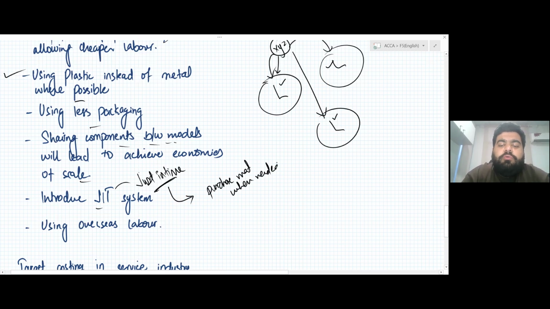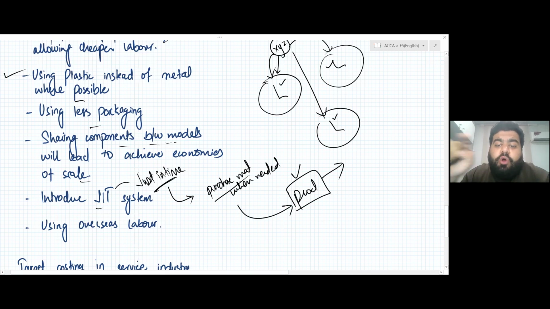If you want to do the production, at that point purchase the material, do production and sell it. Don't hold the inventory, don't hold the material. Just in time says that holding should be minimum, maybe zero, because less holding cost means your cost per unit will get lower.